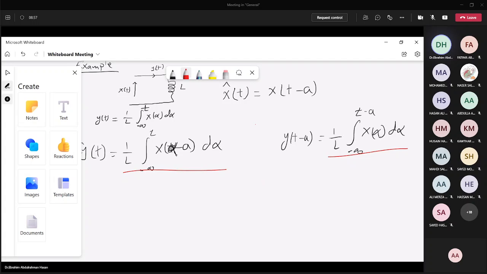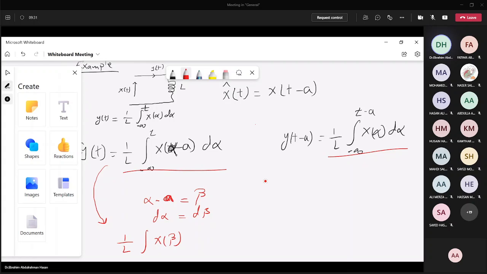By substitution. Okay, we let x alpha minus a equal to another variable, مثلا beta. So then from here, d alpha equal to d beta. Okay, فروح هني then. So then y hat is equal to 1 over L integration of x alpha minus a, it is equal to beta.